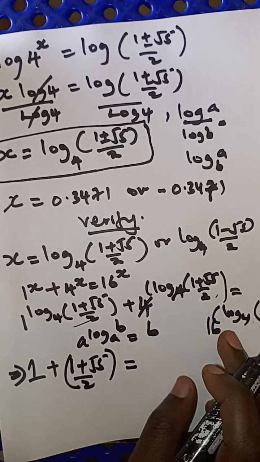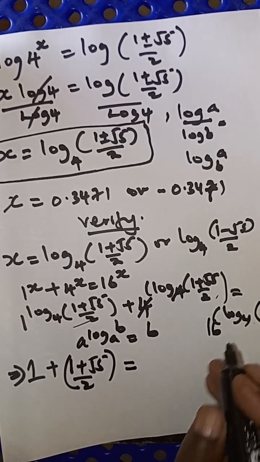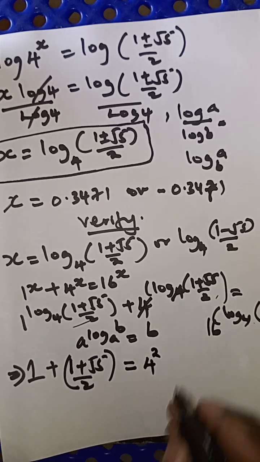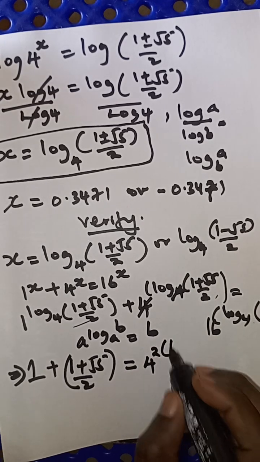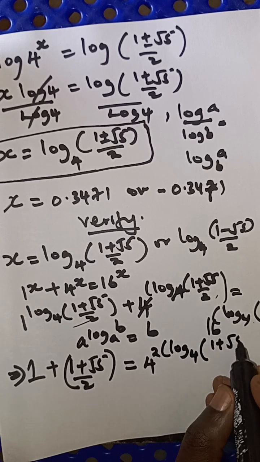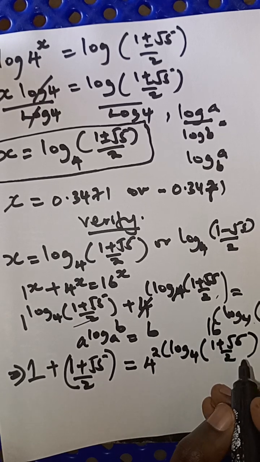On this other end, I have 16, which I can also write as 4 squared, in brackets, the log base 4 of (1 plus root 5) over 2.